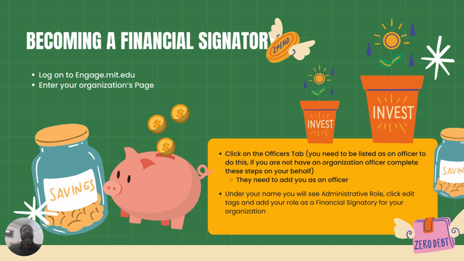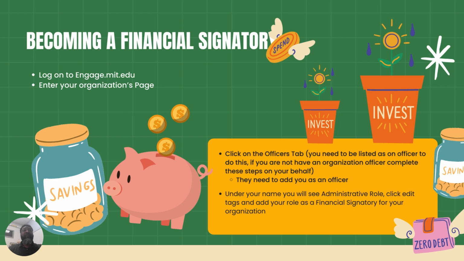But once you decide who within your organization will be a financial signatory, we need you to log into Engage, pull up your organization's page. You want to click on the Officers tab on the left-hand side. And if you are not an officer, you will not be able to do this. So then you would need an officer of your club to do this on your behalf.